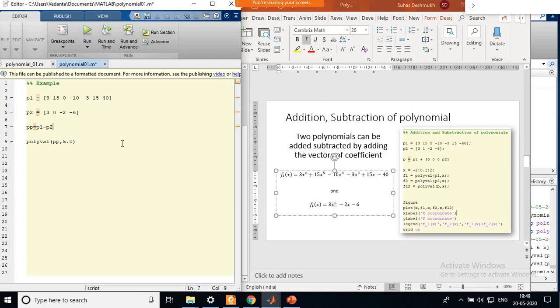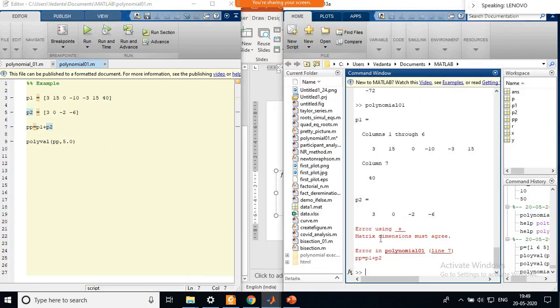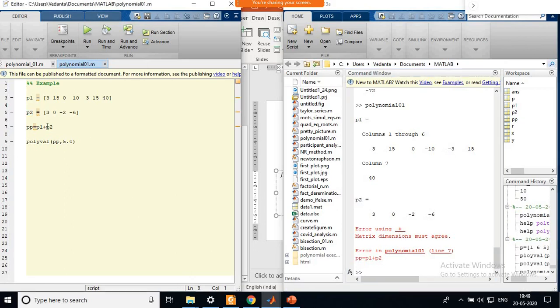Now whenever we are going to add or subtract these, what will happen? The size of both the matrices is not the same, so we face a difficulty. You can just get some error here. You can find here that the matrices should be of the same size. So for that purpose, what is to be done? The higher polynomial we need to take as a base, and the rest of the polynomial we need to construct.